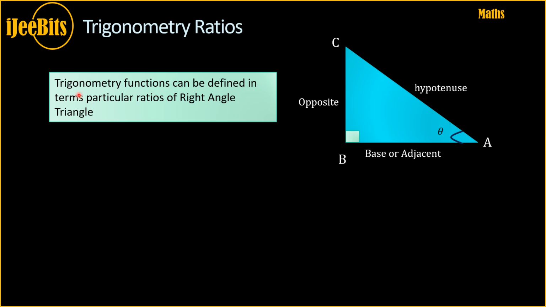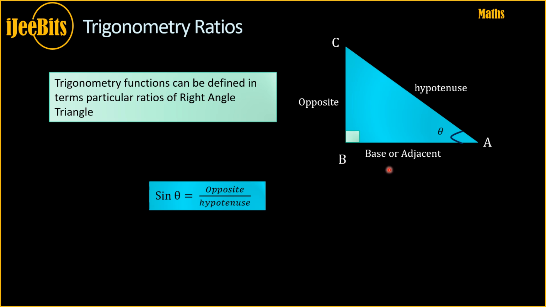So trigonometry functions can be defined in terms of particular ratios of a right angle triangle. Sin theta, right? The definition of sin theta is opposite by hypotenuse. Which one is opposite here?